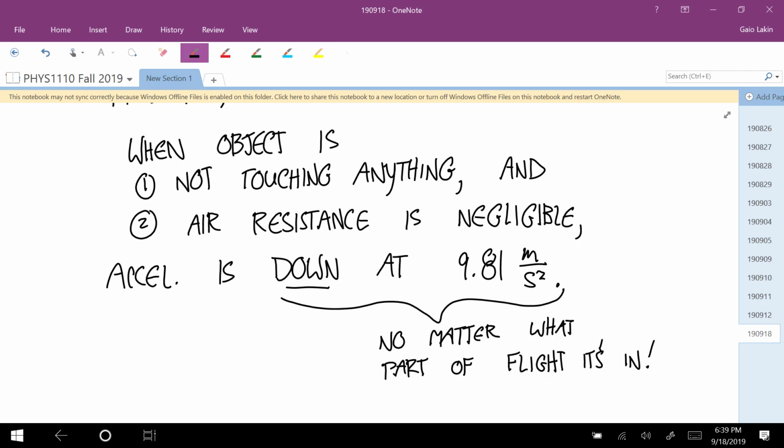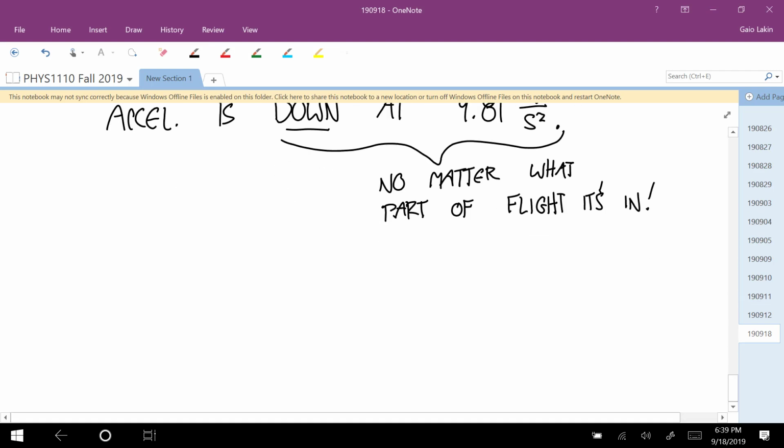So when can we neglect air resistance? In space, yes. That's exactly right.